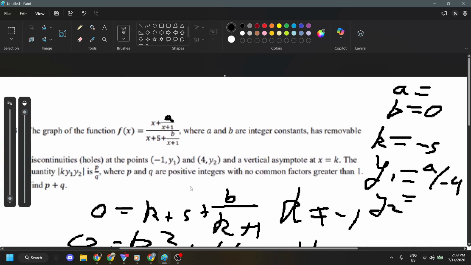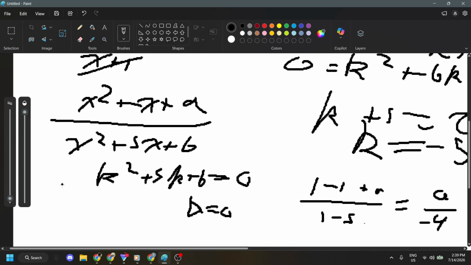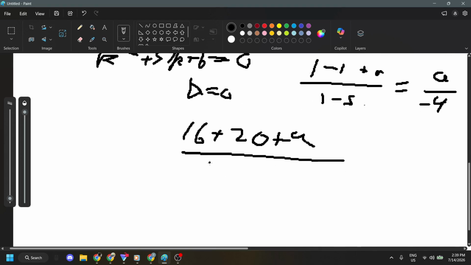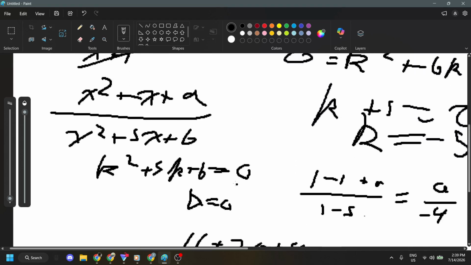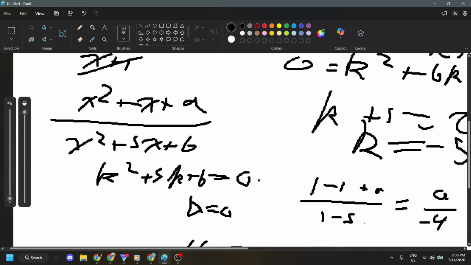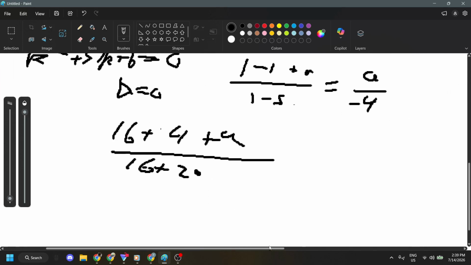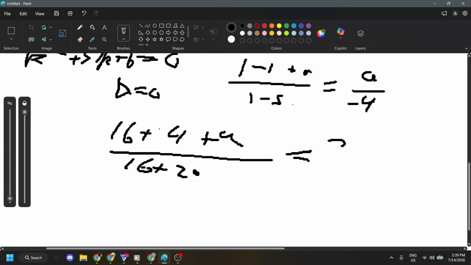Okay, now when we put 4 in, we get 16 plus 20 plus a over 16 plus... No, I did that wrong. 16 plus 4 plus a and 16 plus 4 plus b, which is 0. So we get 20 plus a over 20.